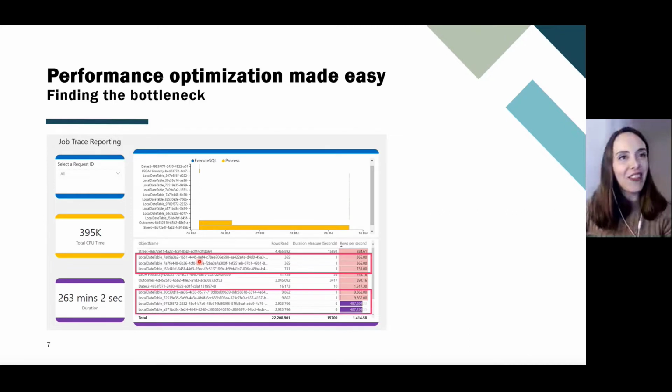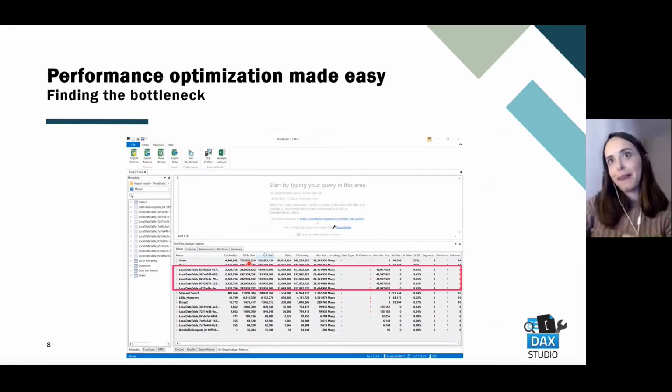So I wanted to look in more detail at my data model. I know I should be looking at my Power BI data model, and I know that I definitely have to look at this local date table. So I went to DAX Studio to check what was happening in more detail.